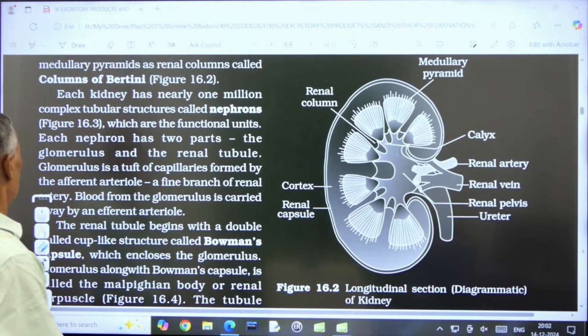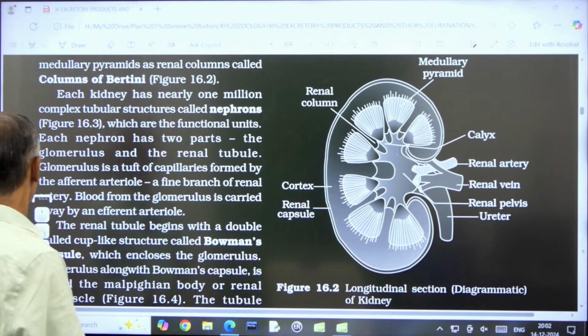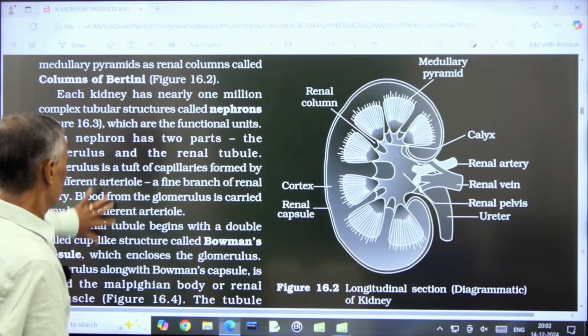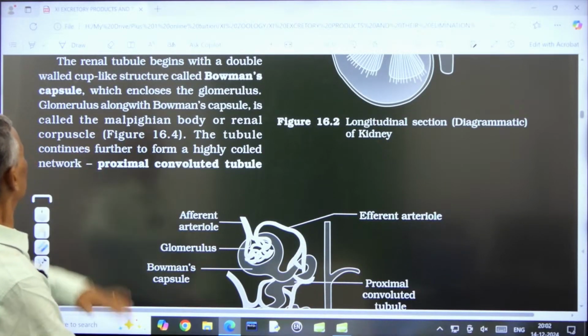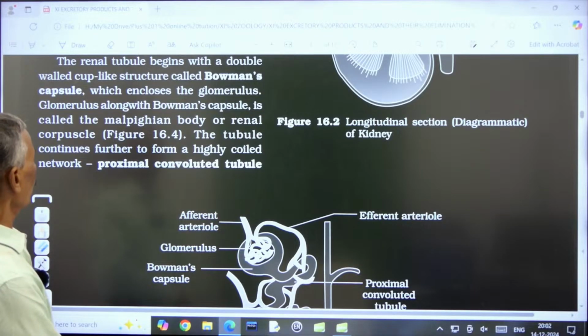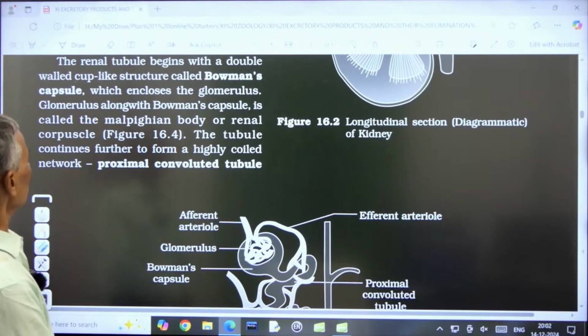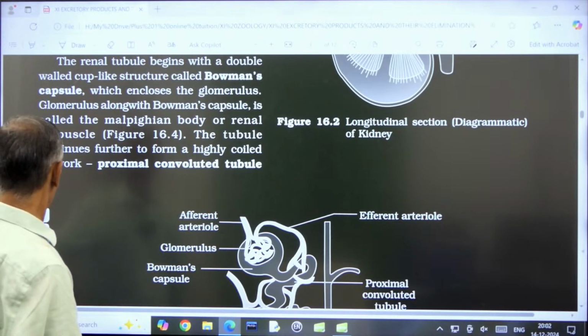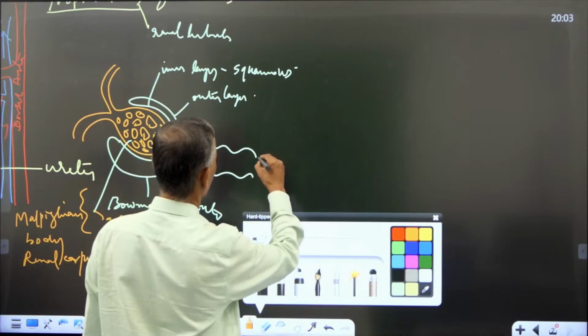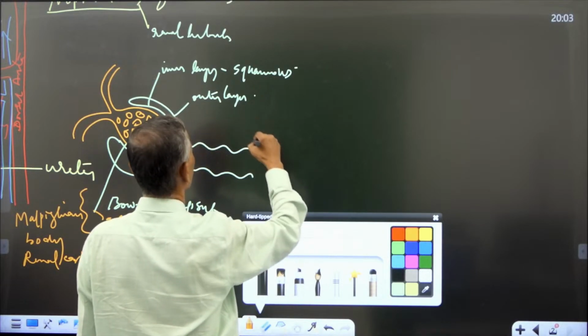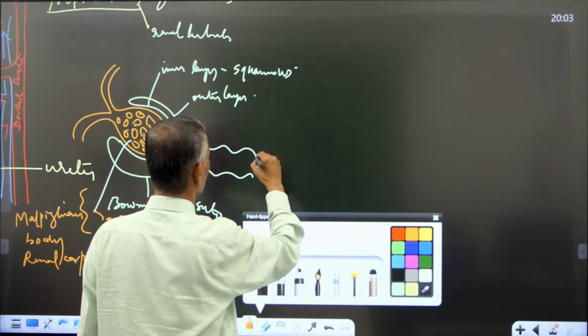The second part is the tubule. The remaining part is the tubule, which is a highly coiled tube. The tubule is divisible into three regions. What are they? It is divisible into three parts.